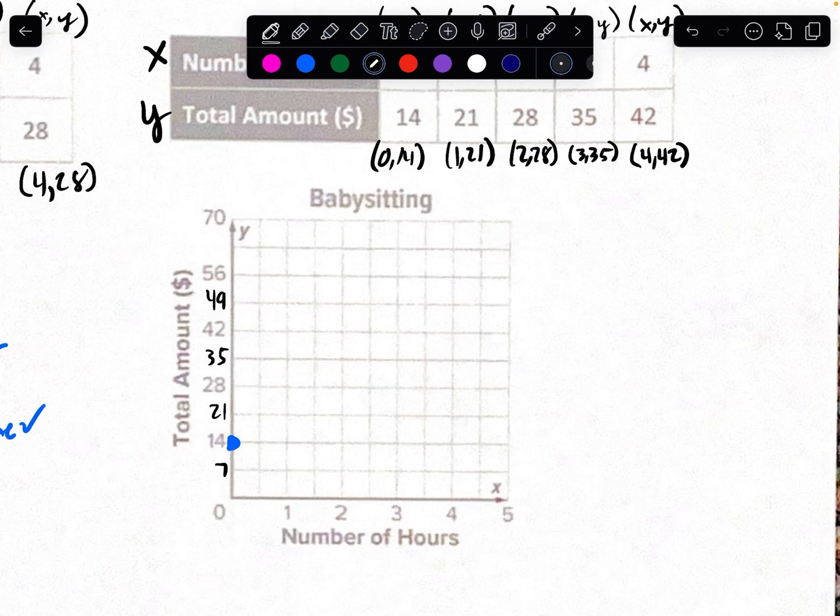That's all we really need. So at 1, up 21. Then at 2, I go up 28. At 3, I go up 35. And then at 4, I go up 42. And then it looks like I do have a straight line.